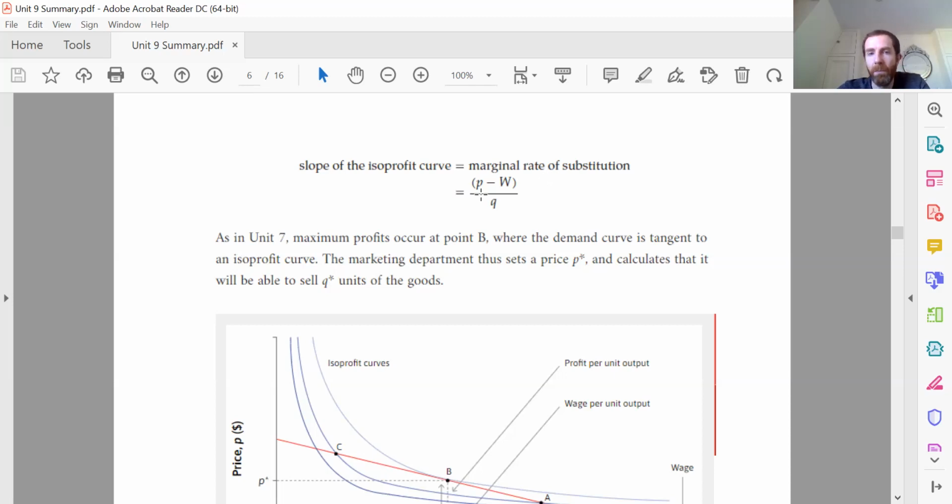That is given by P, the price they charge.